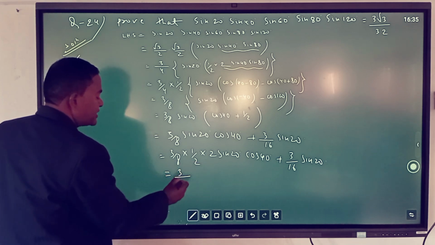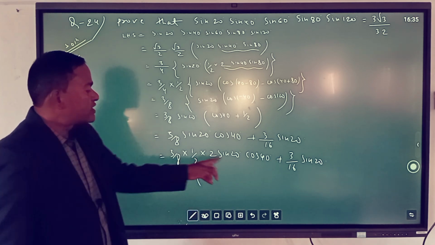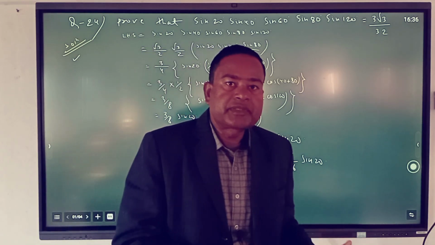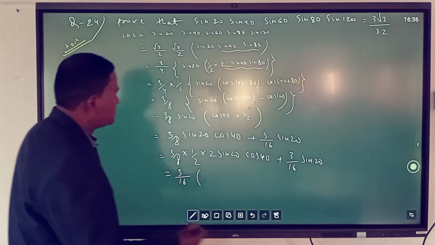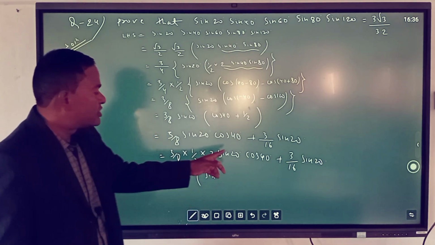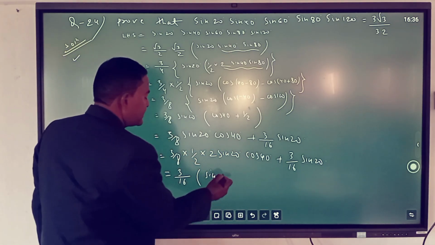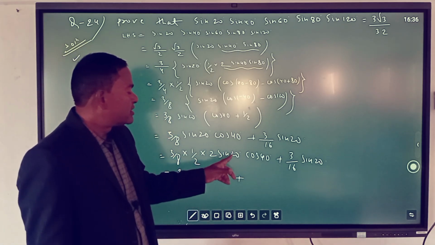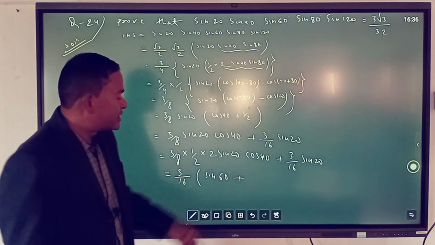Now 8 into 2 is 16. This is 2 sin A into cos B. The formula of 2 sin A into cos B is sin A plus B plus sin A minus B. So sin A plus B means 20 plus 40, 60 degree, plus sin A minus B means sin 20 minus 40 degree.